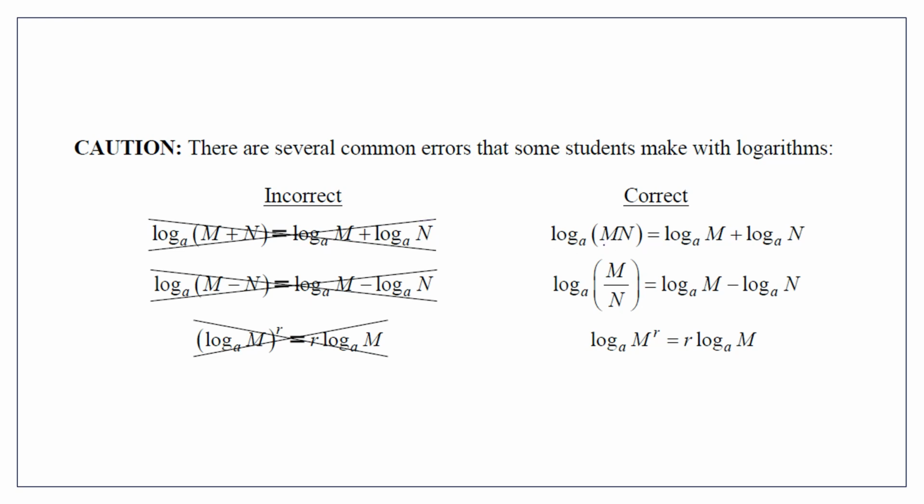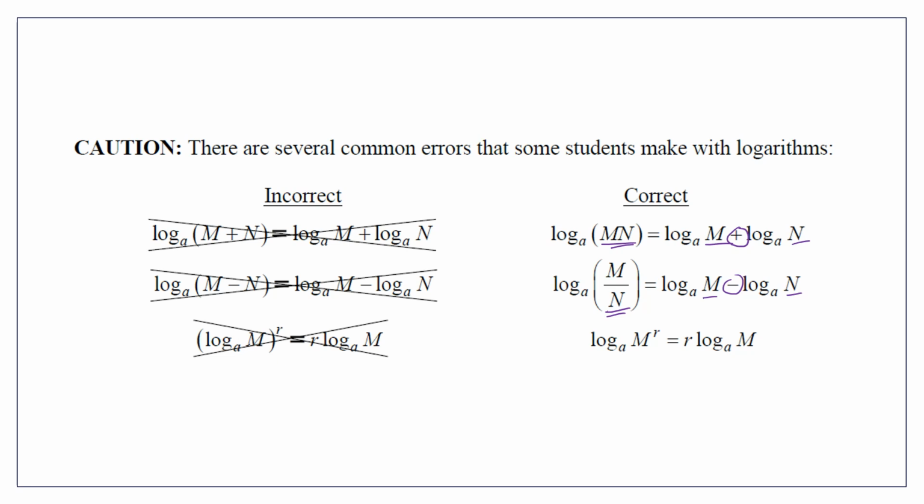When two factors are being multiplied together, then you can split them up using addition. Log base A of m minus n equals log base A of m minus log base A of n, which is incorrect. When your m and n is being divided, then you can split up your log by using subtraction.